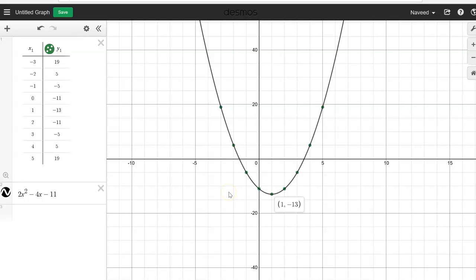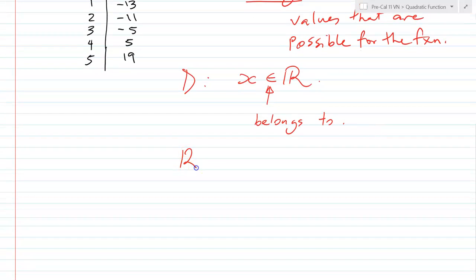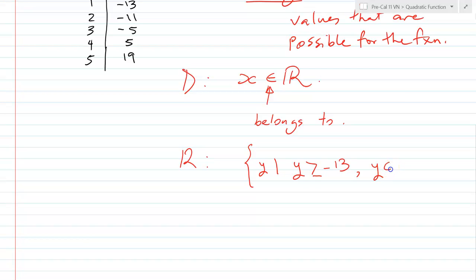So with this parabola, it has a floor of -13 for the y value. The way you write it, the range will be y. I'm going to write it in a very systematic way. We say y such that y has to be greater than or equal to -13, comma, y belonging to the real number system.